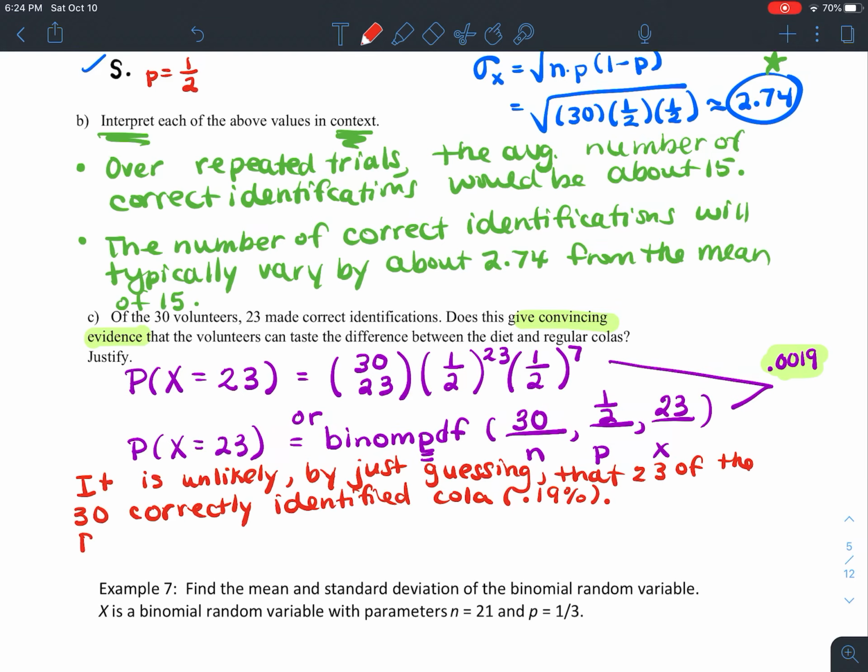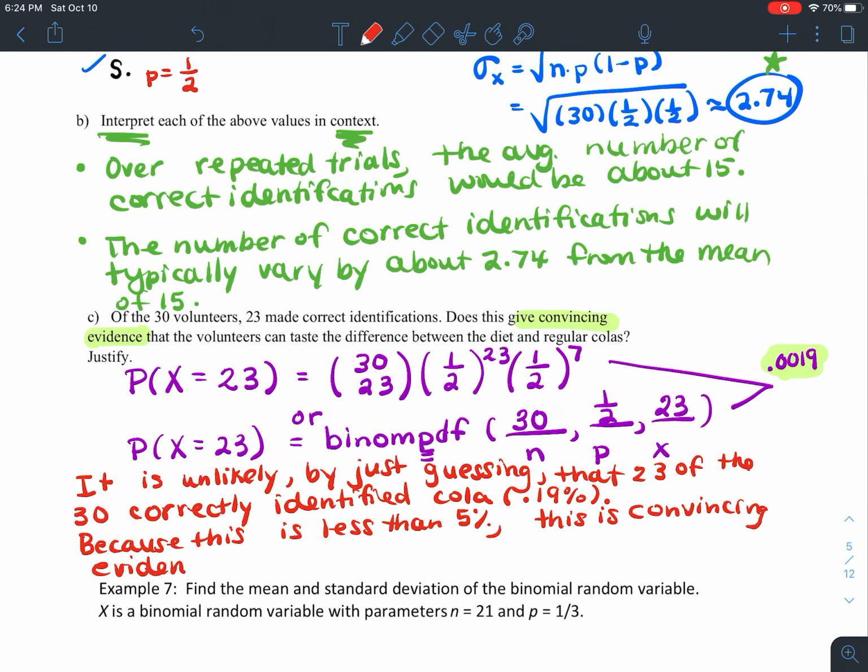Very unlikely chance. And so I'm just going to say, because this is less than 5%, there's our benchmark, this is providing convincing evidence that they could taste a difference.